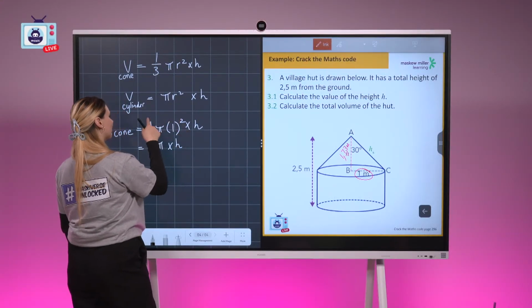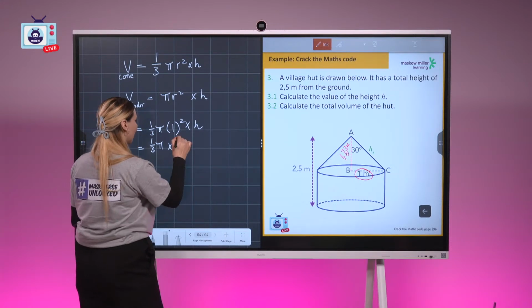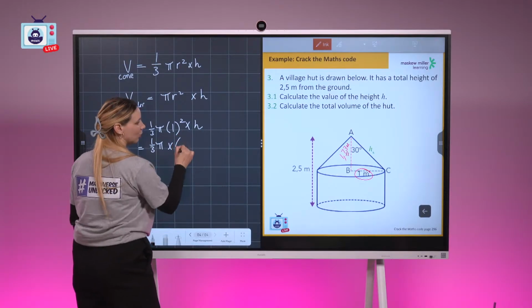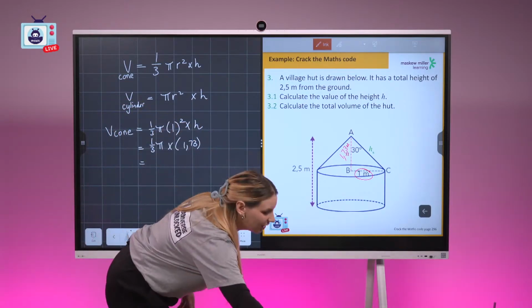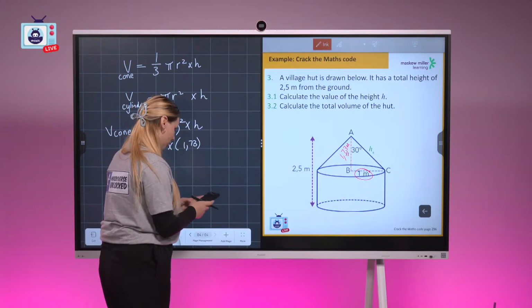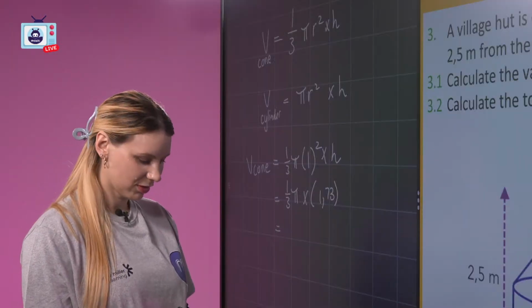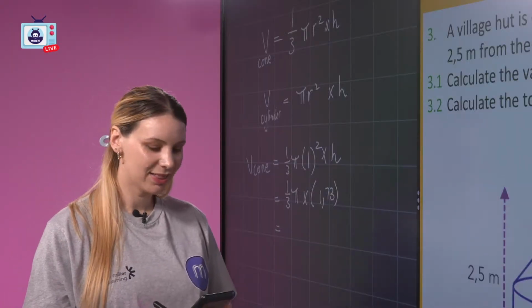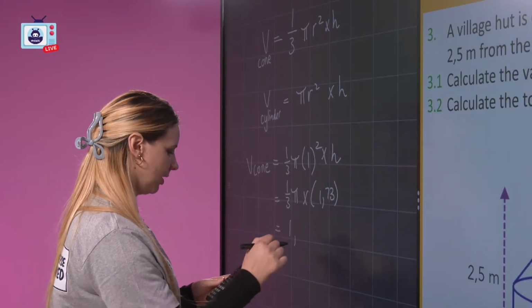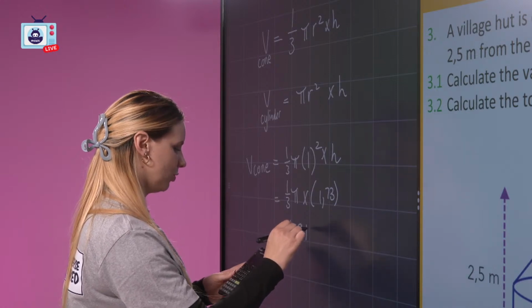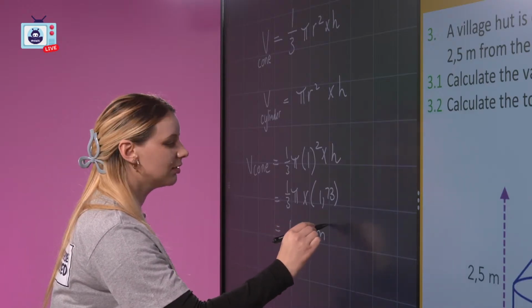I forgot to include my height, so let's add our height in. We do have that dimension, which is 1,73. Now we can take our calculator and work out our volume of our cone. 1/3 times pi times 1,73 gives me 1,81. That is my volume of my cone, and this is in meters squared.